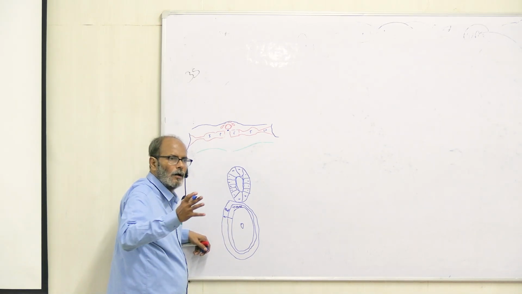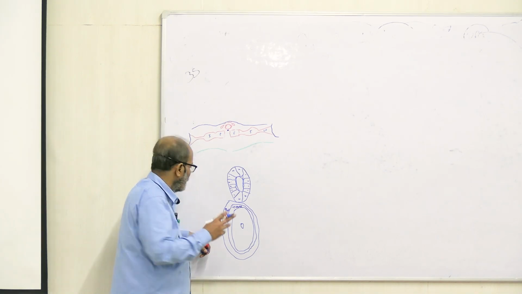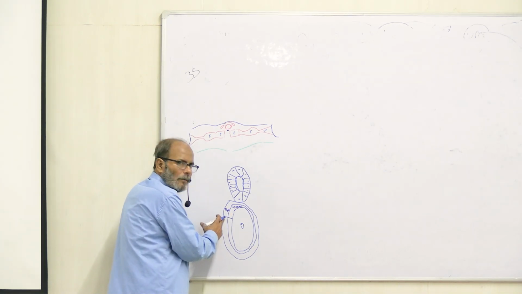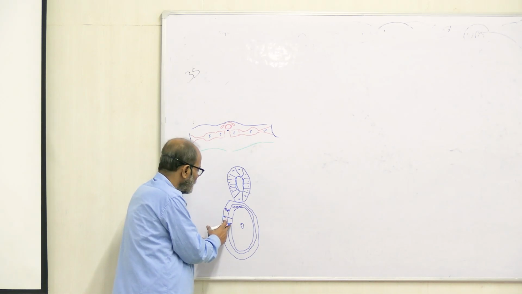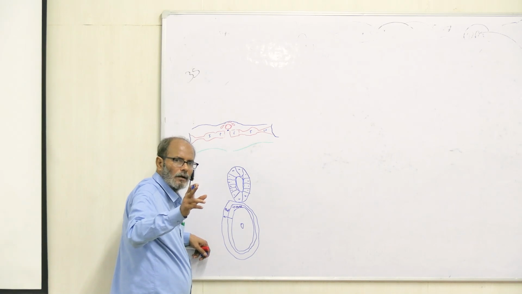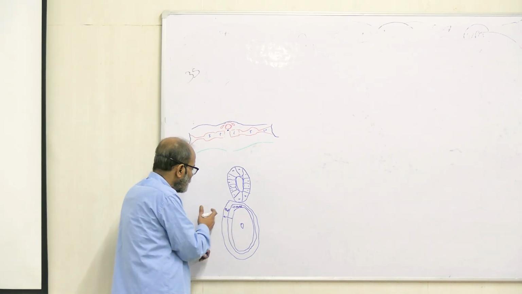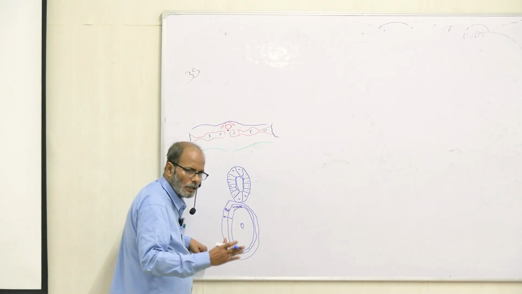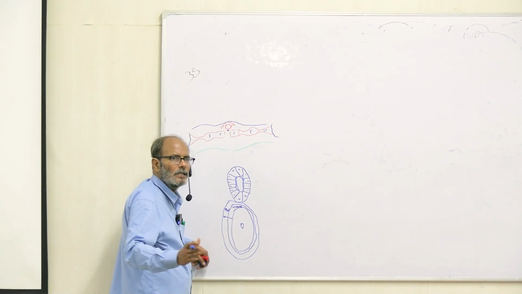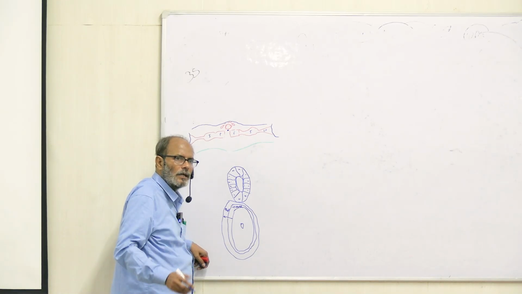So in the cerebral cortex and the cerebellar cortex, there is grey matter outside and white matter inside, because the mantle layer gives the grey matter, the marginal layer gives the white matter. You understood? As it migrates to the marginal layer and pushes the white matter inside, the grey cortex is outside and the white matter is inside.